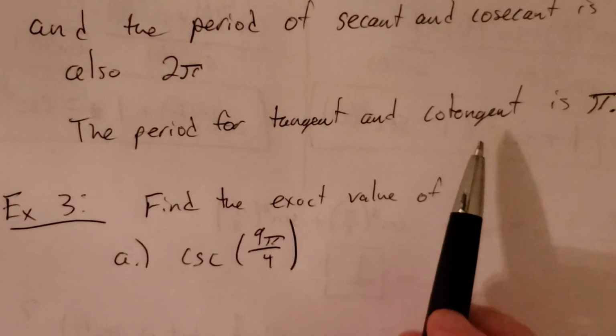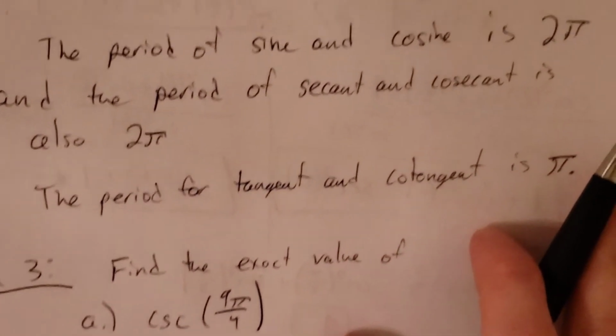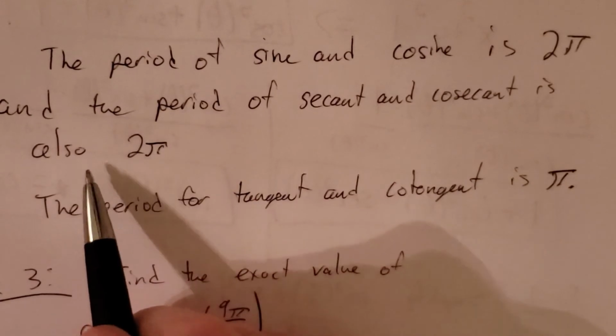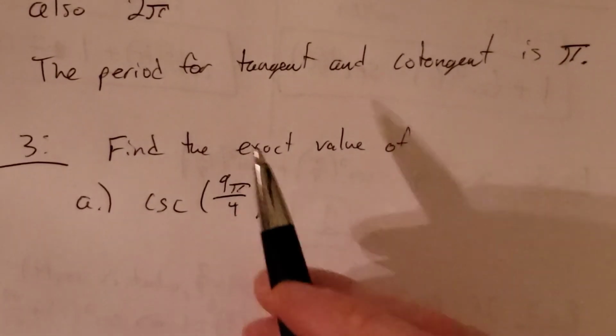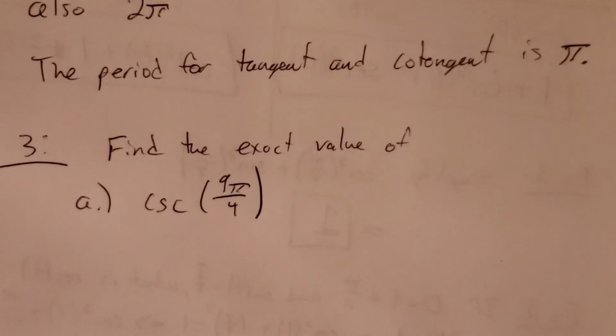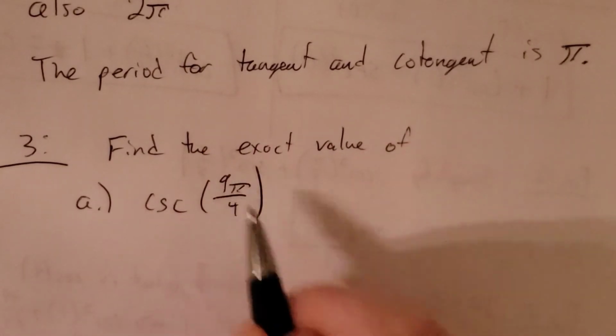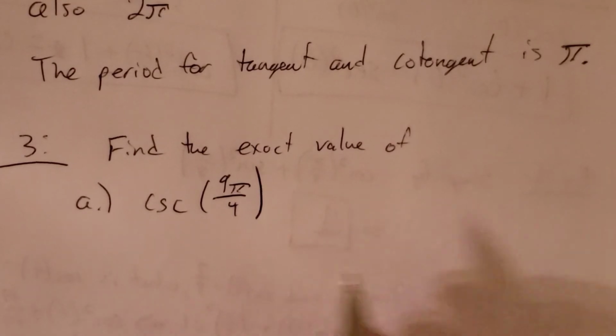We notice that cosecant has a period of 2 pi. So if we add or subtract 2 pi to this value in here, the output will be the same.